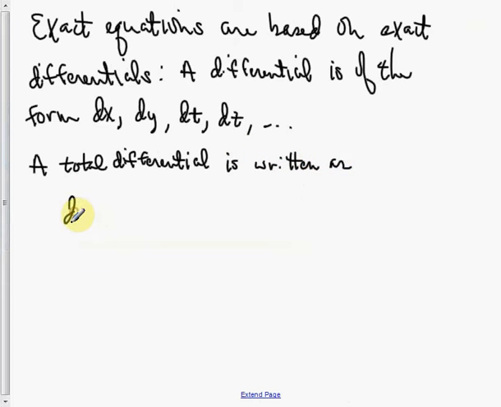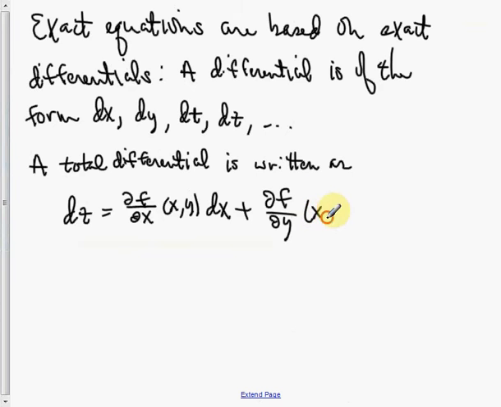is written as dz is equal to the partial derivative of f with respect to x at some point xy dx plus the partial of f with respect to y at some point xy dy.